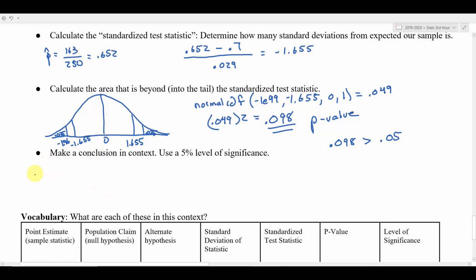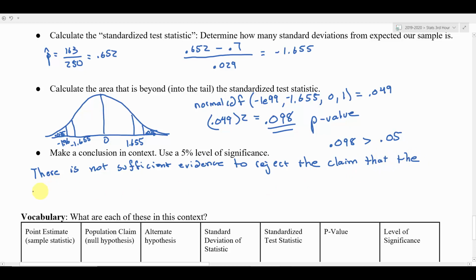So our conclusion in context would be that there is not sufficient evidence to reject the claim that the candidate has 70% popular vote. Okay? Just didn't get far enough away.